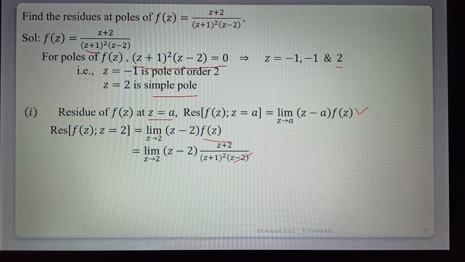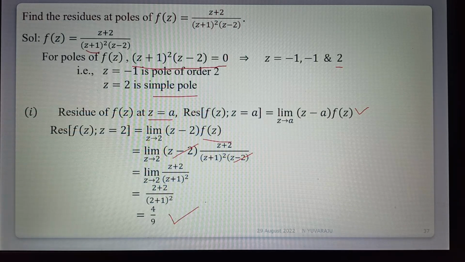The z minus 2 cancels, and substituting z is equal to 2 in the remaining function, that is z plus 2 becomes 2 plus 2 by 2 plus 1 whole square, that is equal to 4 by 9. This is the required residue of the given function at the first pole, z is equal to 2.